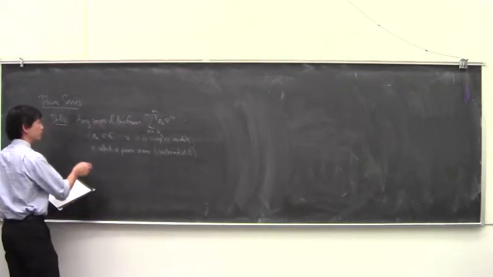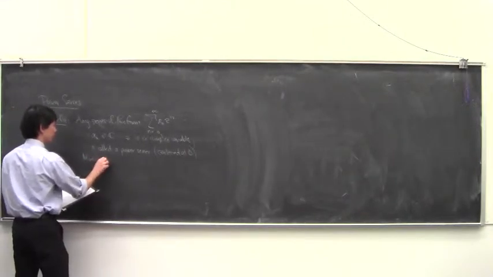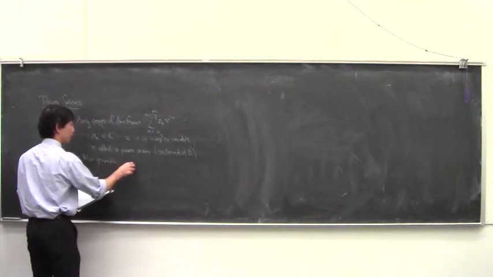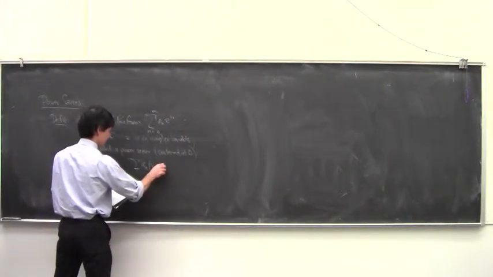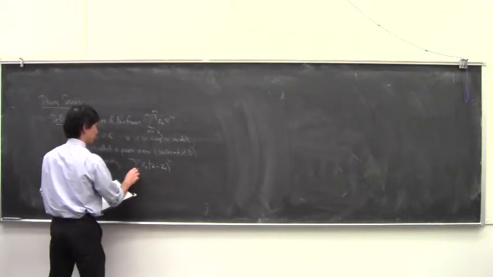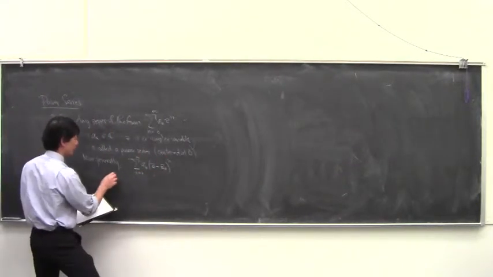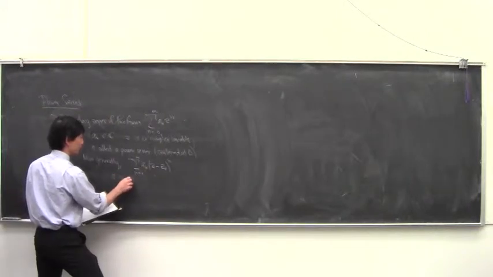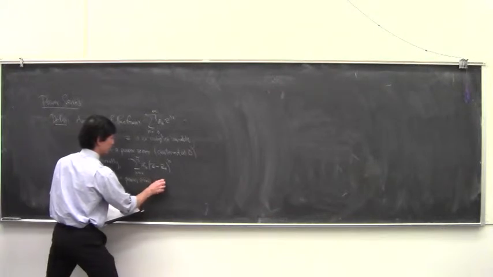More generally, if you have a sub n times z minus z naught to the n, n from 0 to infinity again, it's called a power series centered at z naught.